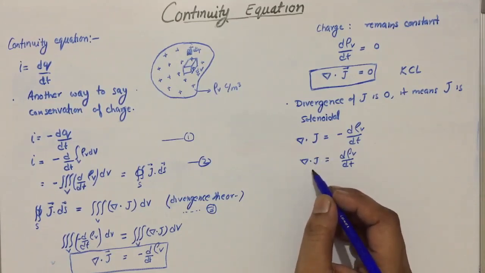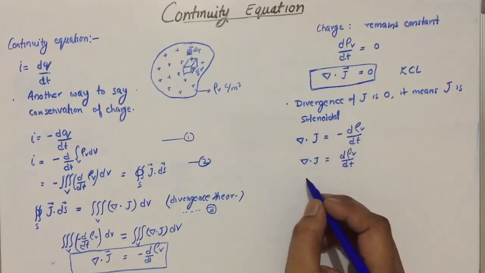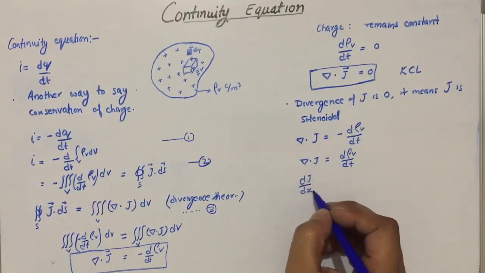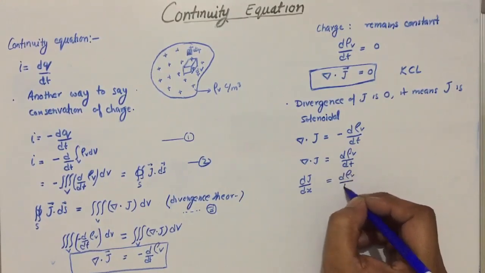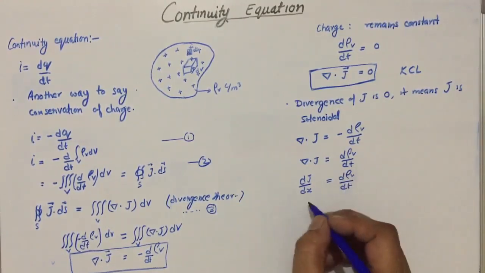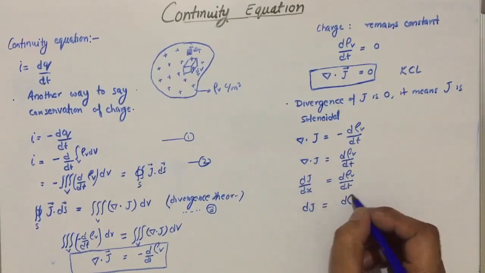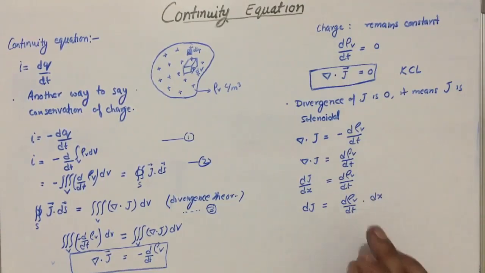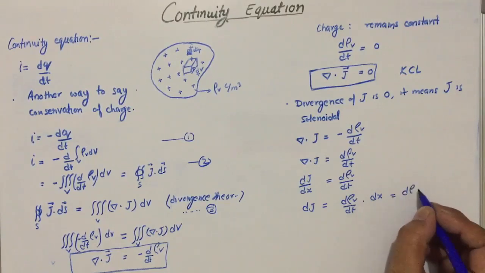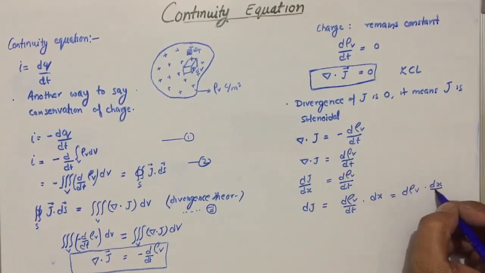If the current is moving in one dimension, then we can say dJ/dx, considering the change in the x direction, is dρv/dt, and it can be further written as dJ is equal to dρv/dt into dx. So it can be written as ρv into dx over dt.